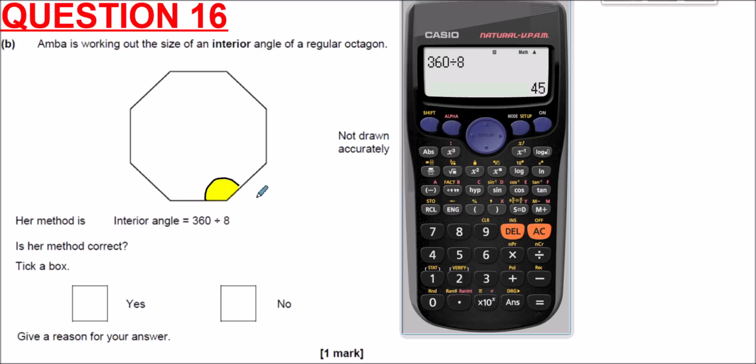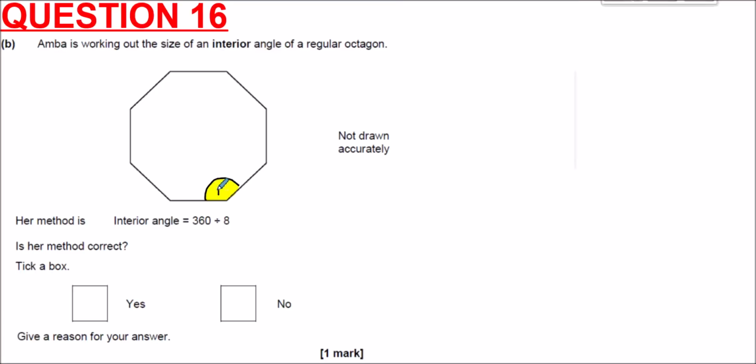So if she is right, if it was an accurate drawing of an octagon, this angle here on the inside, the interior angle, should be 45 degrees. Now if it's not accurately drawn, maybe it'll be about 40 degrees, maybe about 50, but it's not going to be way off 45 degrees.